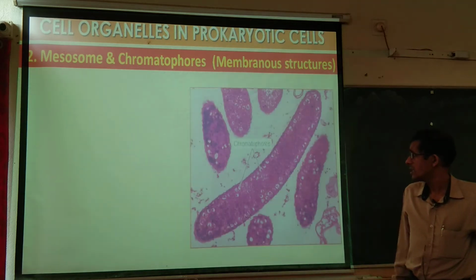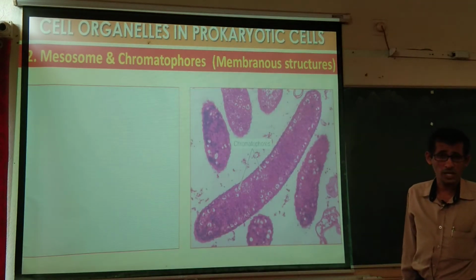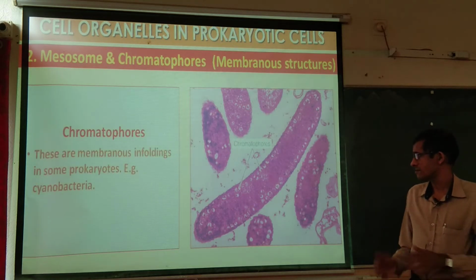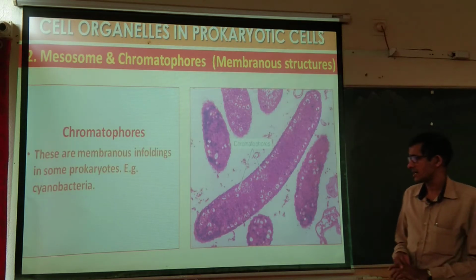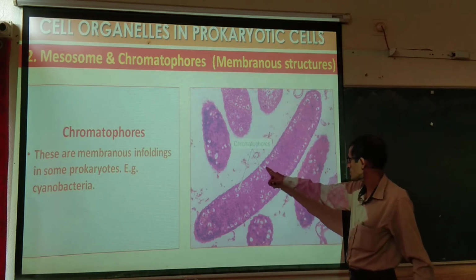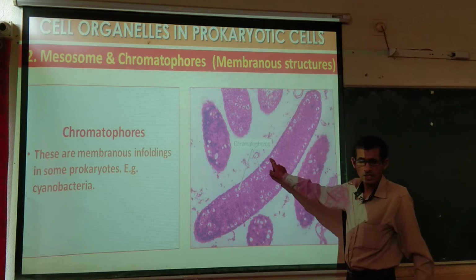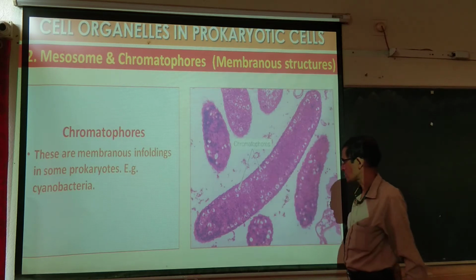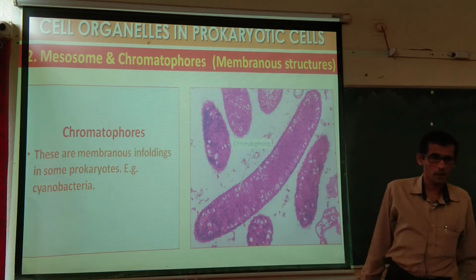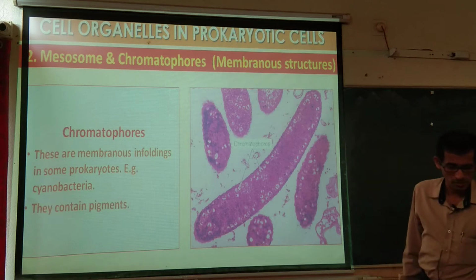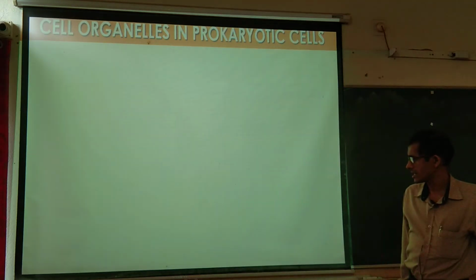Chromatophores, where chromato refers to colored particles, are the inner infoldings of the membranes in prokaryotes, for example cyanobacteria. If you observe this, it is very clear that these are infoldings with colored particles. In cyanobacteria, we can observe the chromatophores. Chromatophores are seen in cyanobacteria members. It is a prokaryotic cell. I think we discussed till here, isn't it?